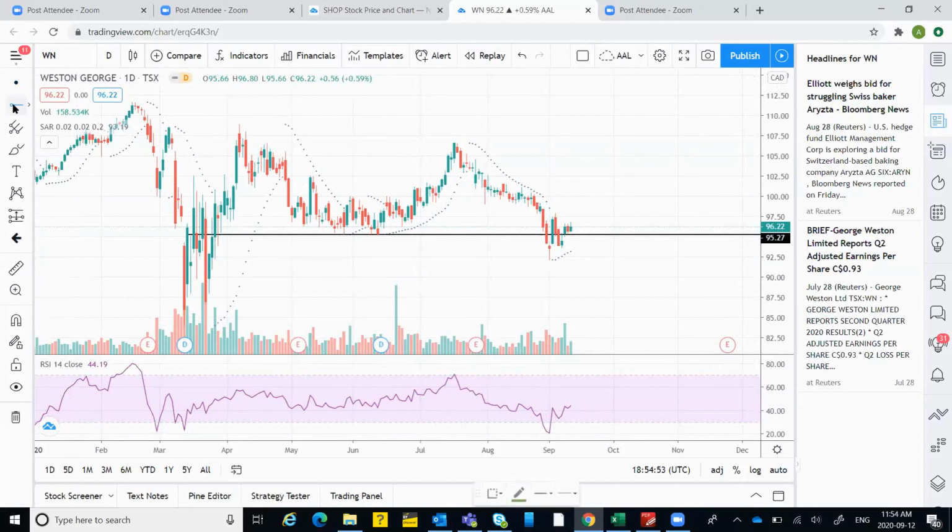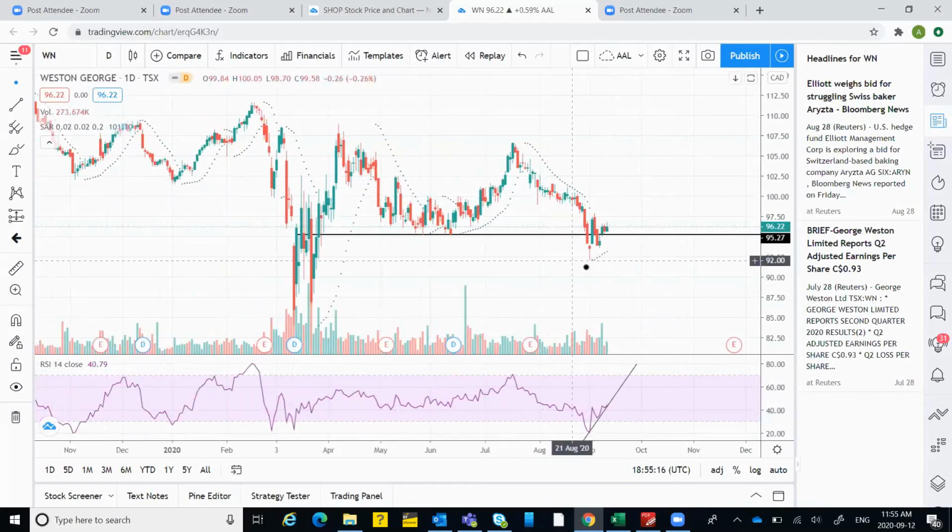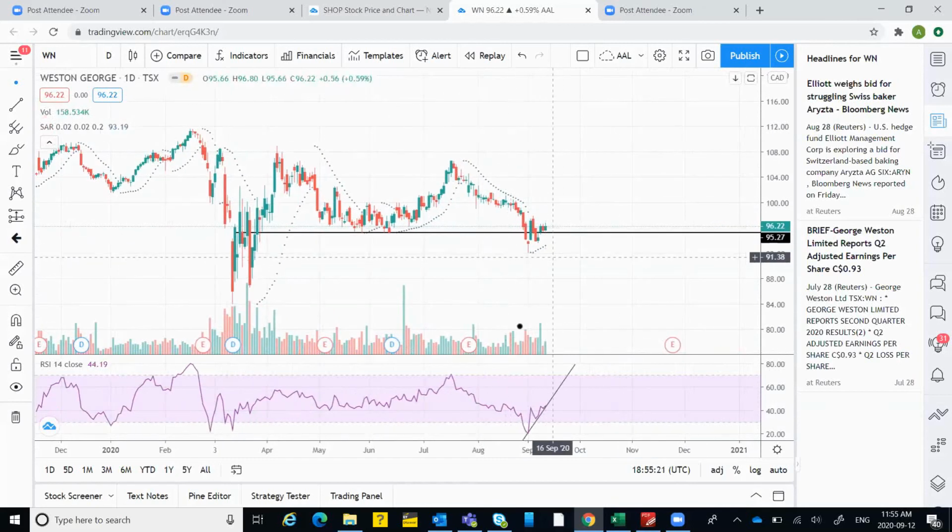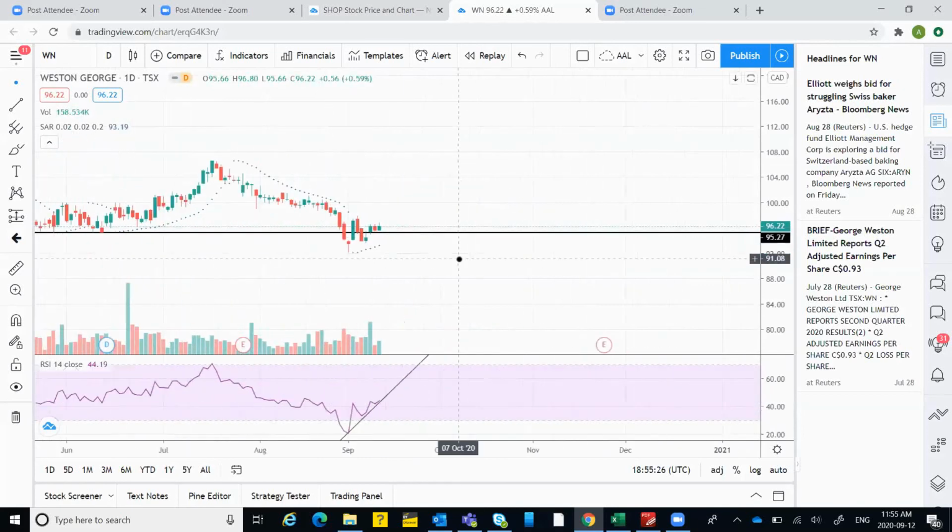RSI is in an uptrend here. Parabolic SAR is also generating a buy signal, which is a leading indicator, which is good. Volumes are consistent here, and the candles are neutral.